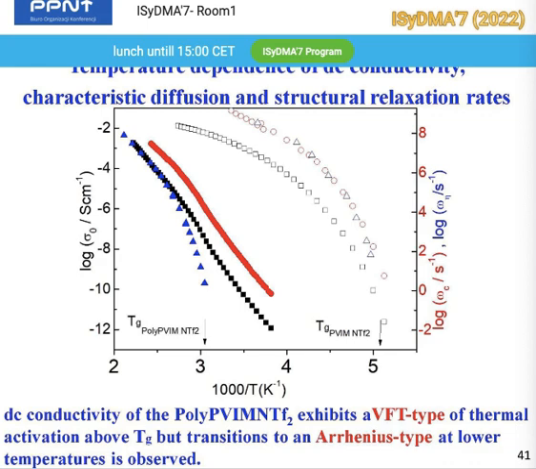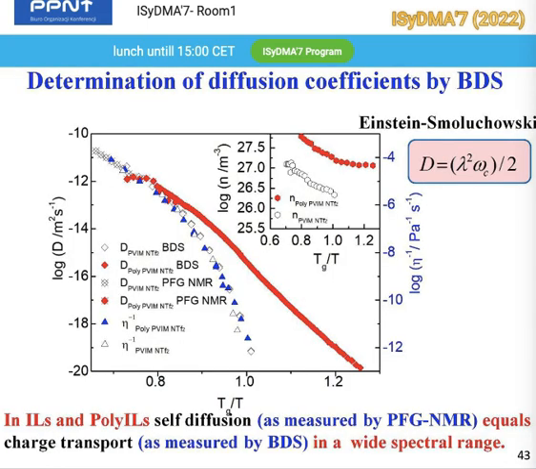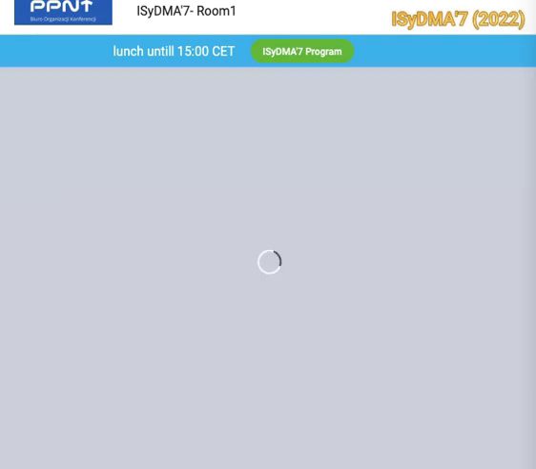But if you now rescale this with respect to the glass transition temperature, then you observe that even in the polymeric system, the conductivity is higher compared to the low molecular weight system. Okay, because of time reasons, I just switch over to the summary.